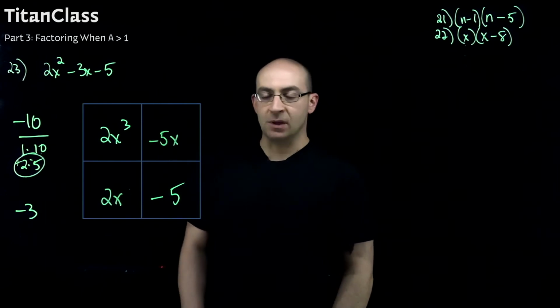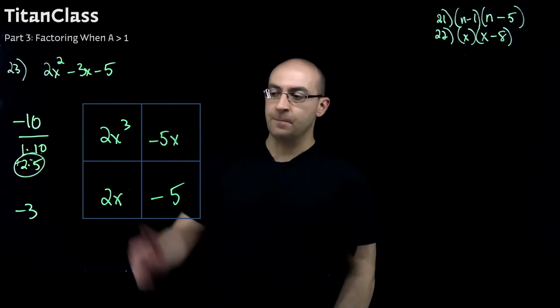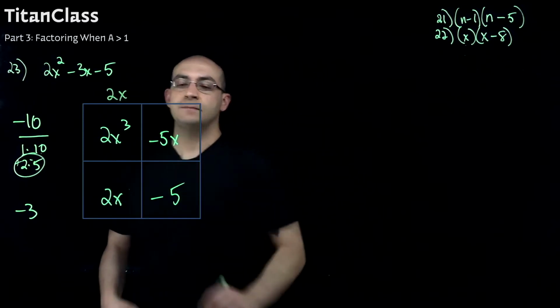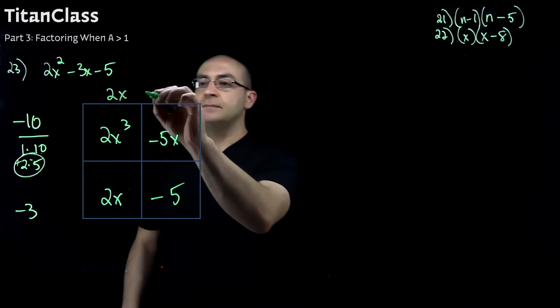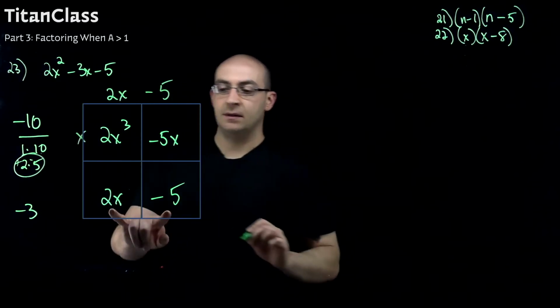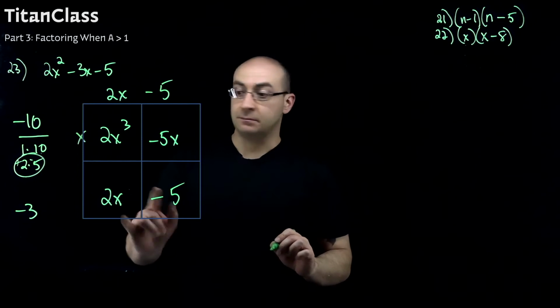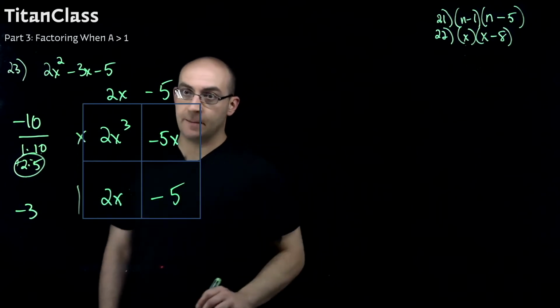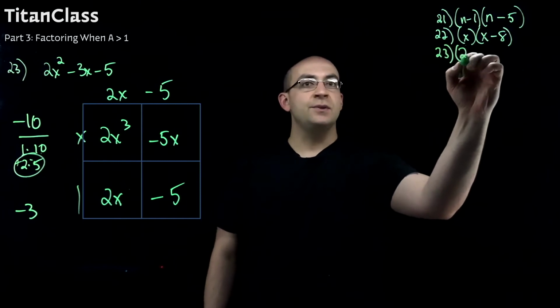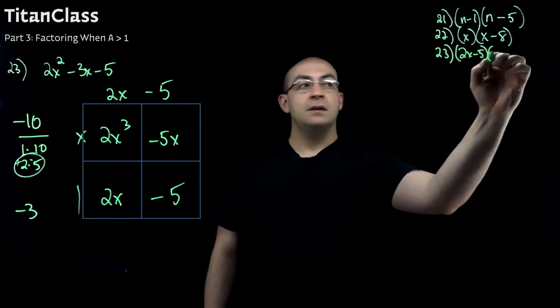We'll do multiple problems like this just so we can get the flow. 2x is going to come out here. Negative 5. This is a weird one. X. 1. Nothing in common. 1 comes out. All right. Got our factors for number 23. And that's going to be 2x minus 5 and x plus 1.